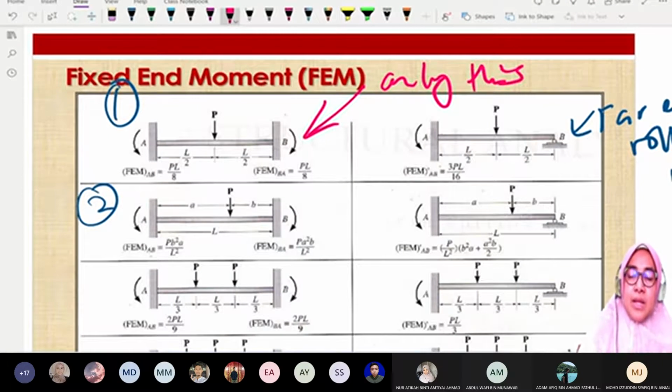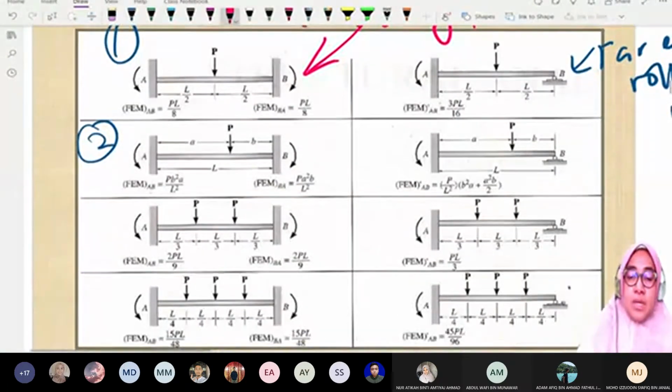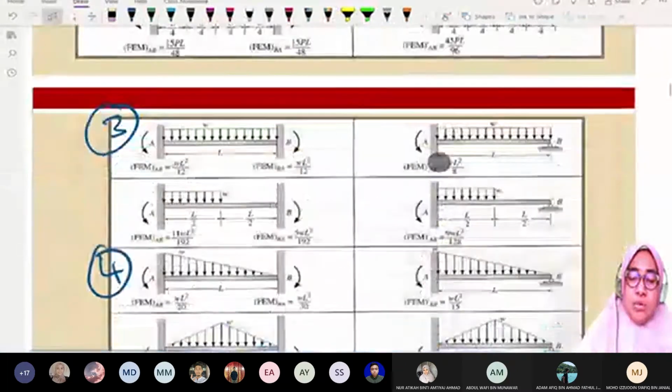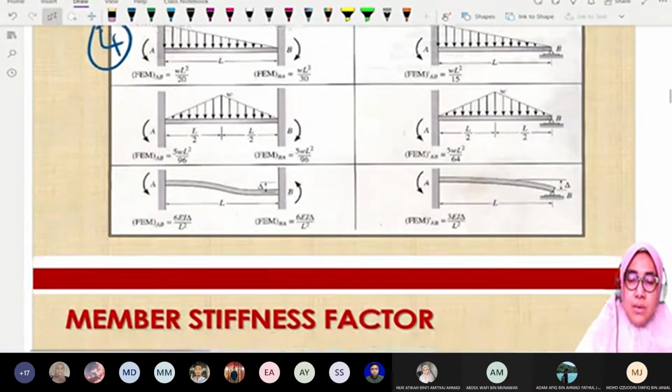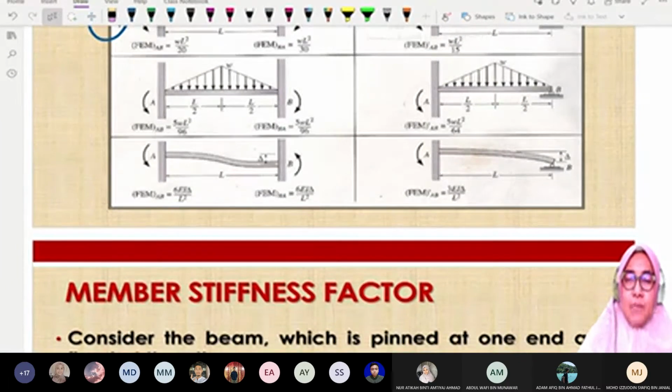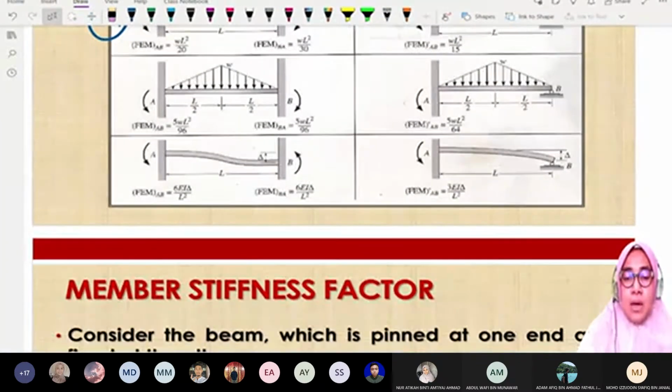But if you want to refer to the second formula also can, but you have to understand what's the difference between these two when we apply them into the table. So all the directions remain like this due to loading. And then the last diagram for the fixed end moment is actually referring to settlement.